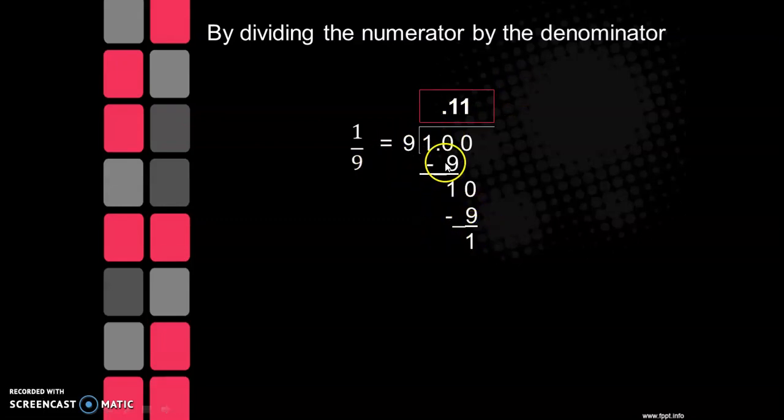And then subtract 10 minus 9 is 1. Now, as you can see, our answer keeps repeating, so we can stop at the second digit. So, this is read as 0.11 or 11 hundredths. Okay, so let's proceed to the next one.